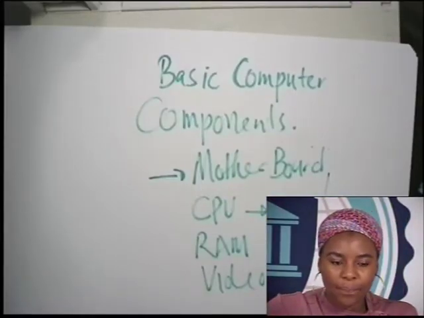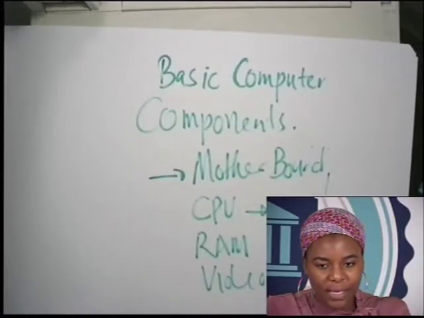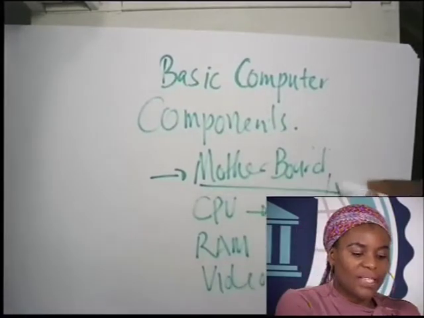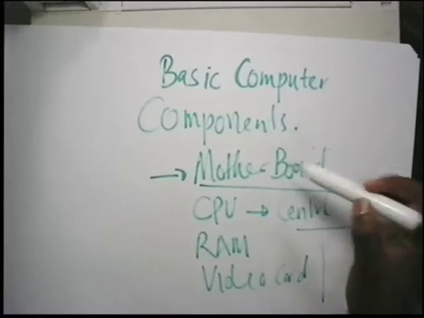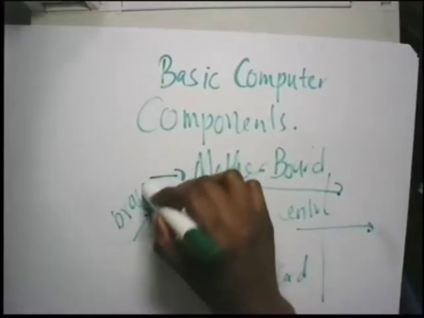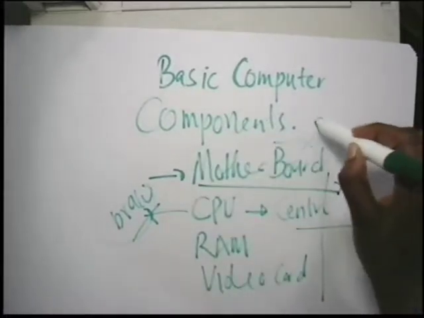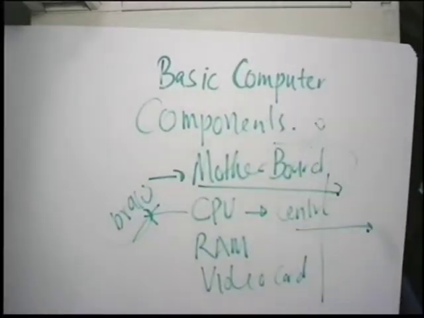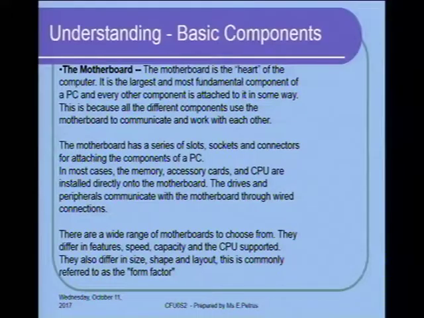All right. So a motherboard is the heart, just like in a human. We spoke already that the CPU acts like the brain of a computer. A motherboard in this case acts like the heart of a computer. It is the largest and most fundamental component of a PC, and every other component is attached to it in some way or another.